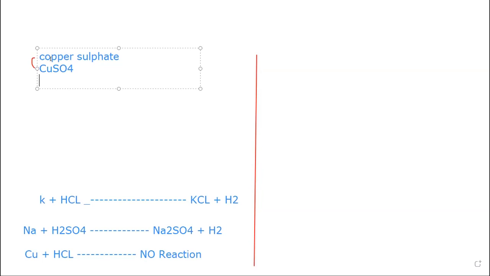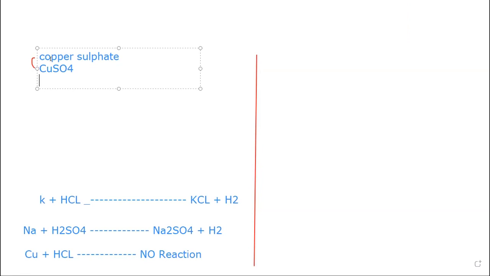Okay? Now, if I ask you another question about this compound, please tell me how many atoms are in this compound. CuSO4. I want to know the number of atoms here.